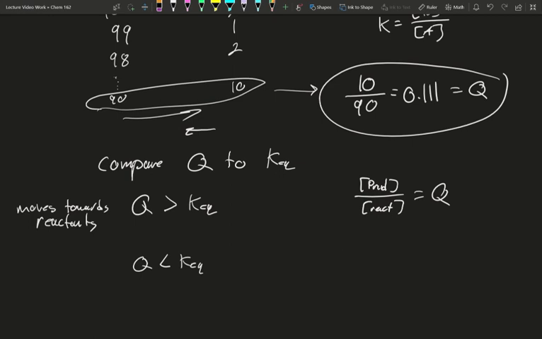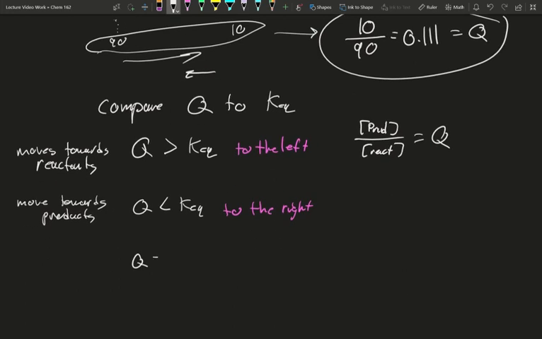I must need more products, less reactants. In this case, the reaction will continue and it will move towards products. Sometimes this is also referred to as moving to the left or moving to the right, as our products are always written on the right and our reactants are always written on the left.